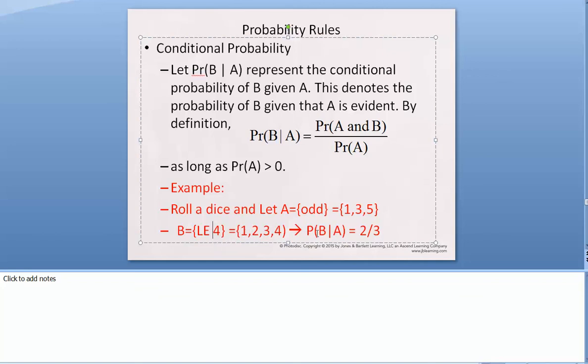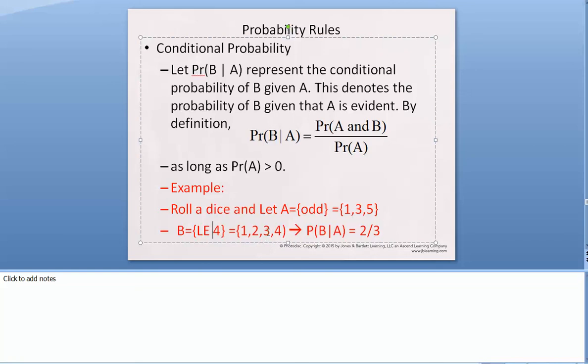Now what is the probability of B happening, given that we know that an odd number has been observed? Someone rolls the dice, sees that it's an odd number, and tells us, hey, it's an odd number. So what's the chance that the number is going to be less than or equal to 4?